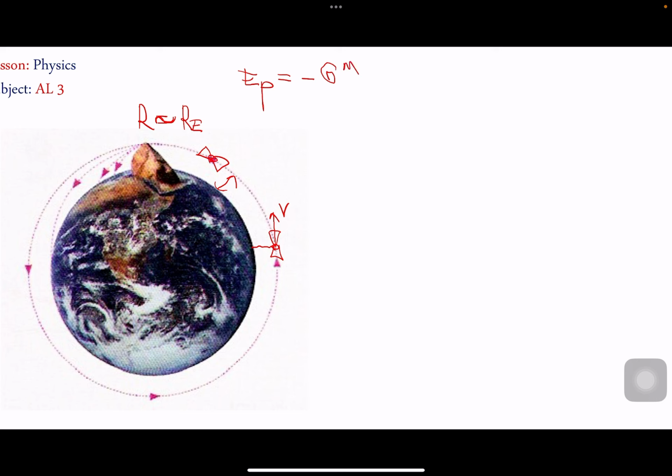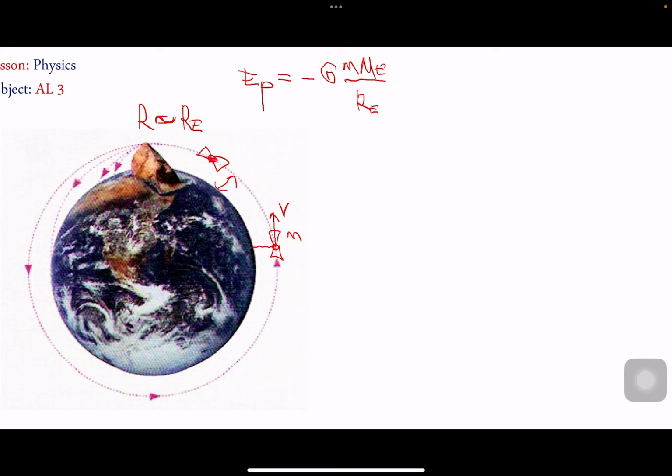Of course, I will suppose that it has its own mass, and I have to multiply it by the mass of Earth, and I will divide by the radius, which I suppose is close to the radius of Earth. So that's why I will write it as the radius of Earth.